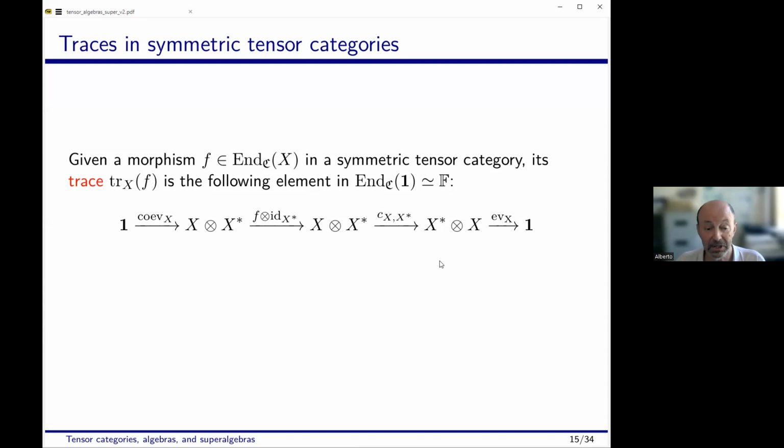So scalar times the identity. The trace is defined as this scalar that appears. This is an endomorphism of the unit object, but this can be identified with the scalars. And then we can talk about the dimension. The dimension of an object is just the trace of the corresponding identity morphism.